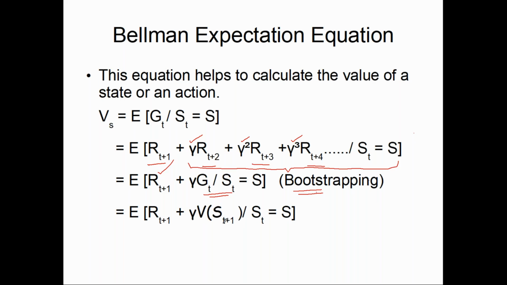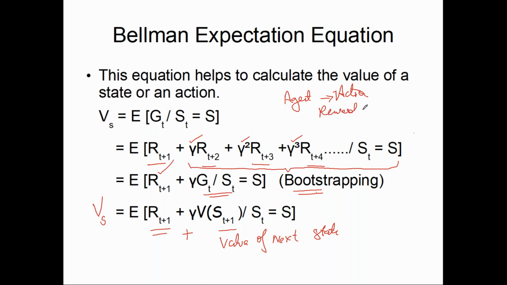And this bootstrapping is nothing but the value of the next state. So the current state value is the reward we get plus the value of the next state. That means when the agent takes an action, it receives a reward plus the value of being in that new state.